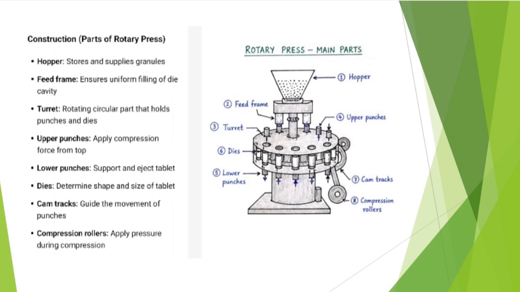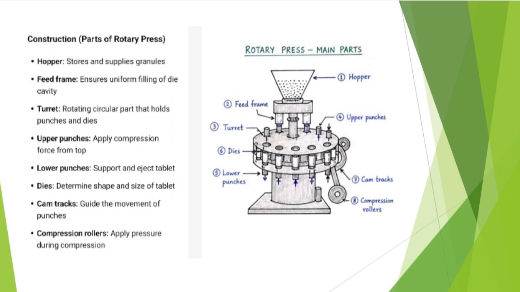Next, cam tracks. Cam tracks are used for guiding the movement of the punches for weight adjustment, compression and ejection.